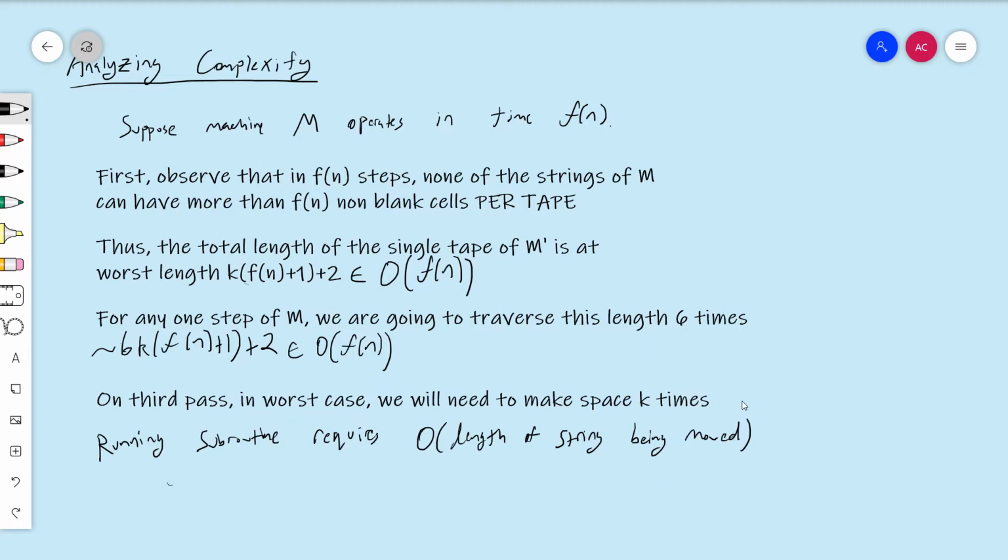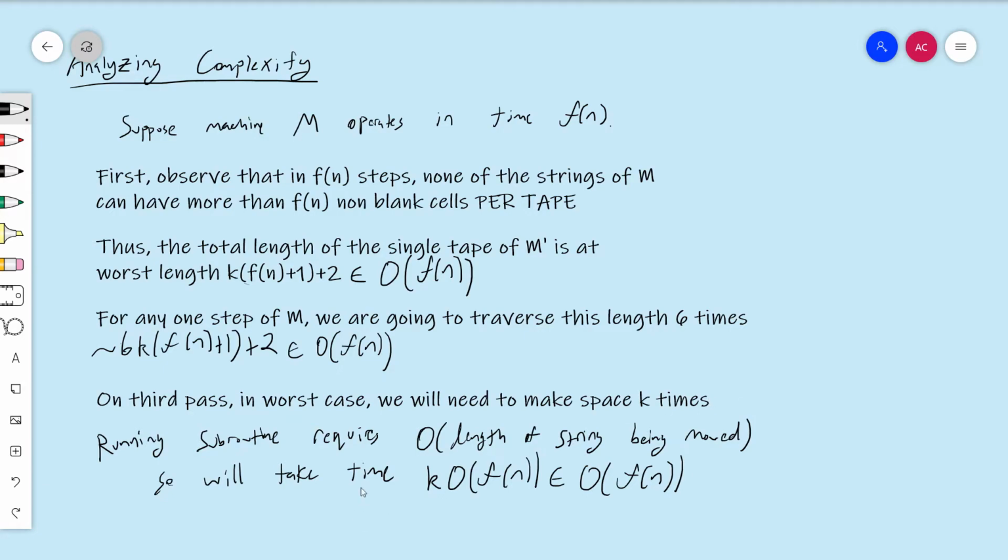And so the time required just to make the space each time is going to be k of these, k times O of f of n. I need to move a string of length f of n. That's going to take O of f of n, and I need to do that k times. But of course, this k doesn't do anything. It's still O of f of n. It's a constant multiple.